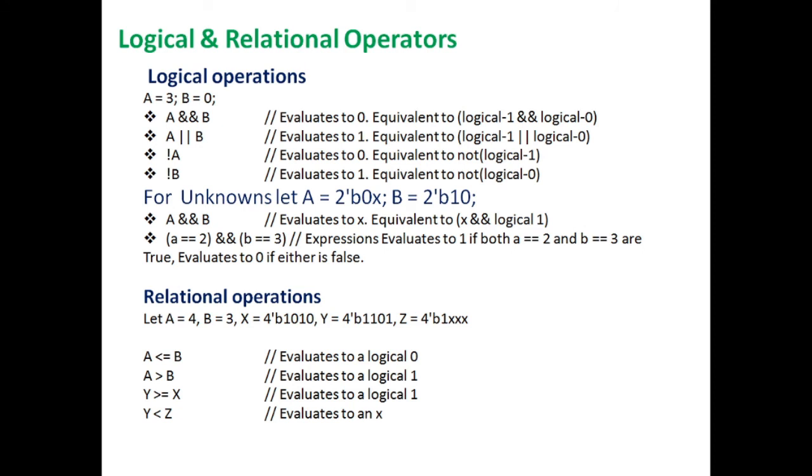Whenever I am using a logical operator, it always evaluates to a 1-bit value, which may be a 0 or a 1, or sometimes an unknown value. That means if an operand is not equal to 0, definitely it must be a 1. If an operand is equal to 0, definitely it might be a 0. This is the thing we need to focus on.